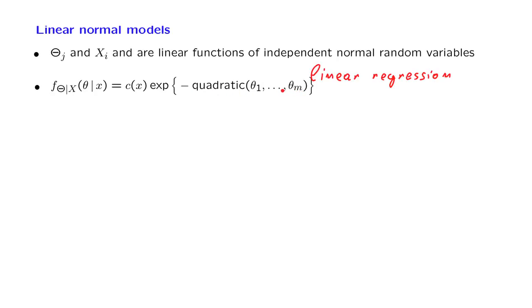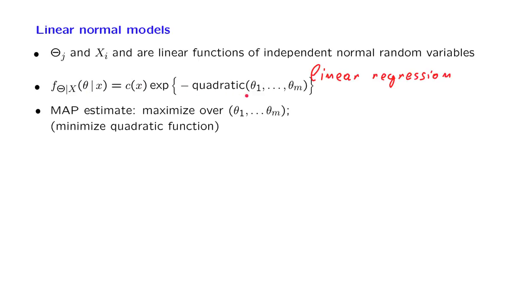This means in particular that in order to find the MAP estimate of the vector theta, what we need to do is to just minimize this quadratic function with respect to theta. And minimizing a quadratic function is done by taking derivatives and setting them to 0, which leads us to a system of linear equations, exactly as in the trajectory inference problem. And this means that numerically it is very simple to come up with a MAP estimate.